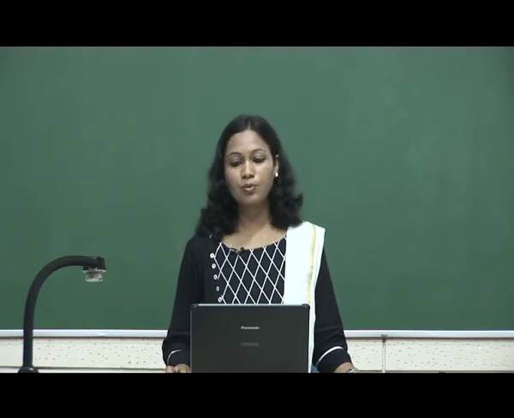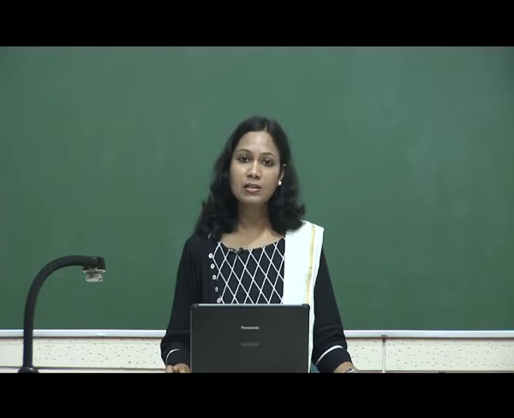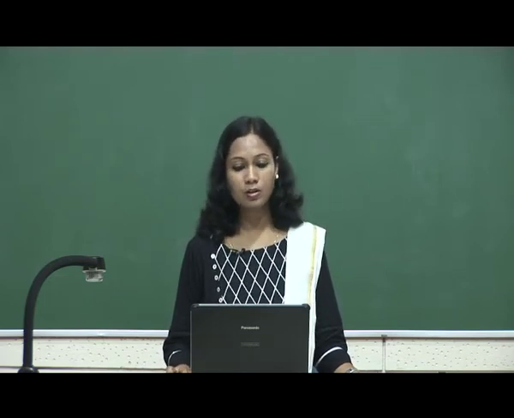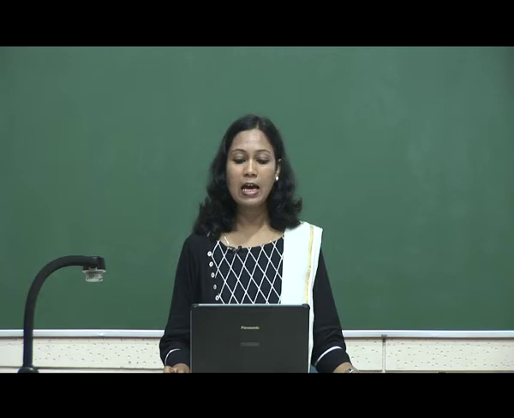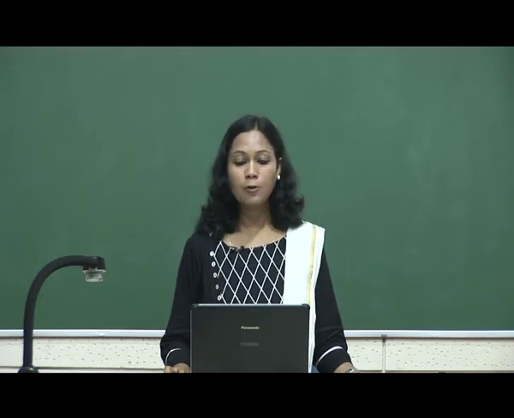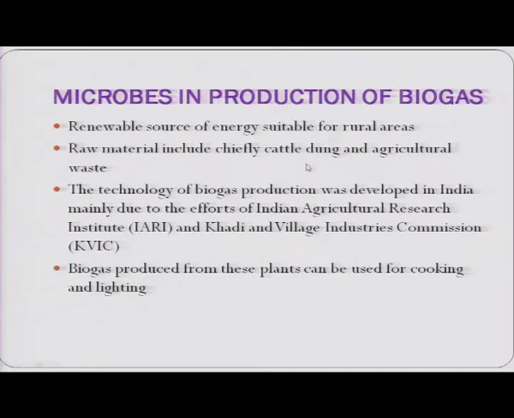natural process of producing gases, and these gases can be further utilized by us as fuel or a source of energy. So, the renewable source of energy, which is biogas, is specially suitable for rural areas, because the rural areas have all those materials which are needed as raw material for the production of biogas.